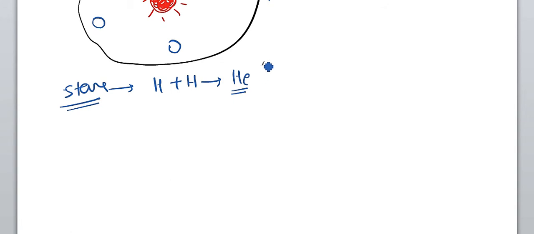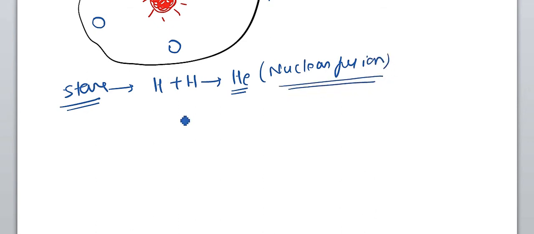And this is called nuclear fusion. This nuclear fusion is the source of energy for the stars and the sun, and similarly the stars provide the conditions where three helium atoms combine to form a carbon atom. In this way, several atoms were formed inside the star.